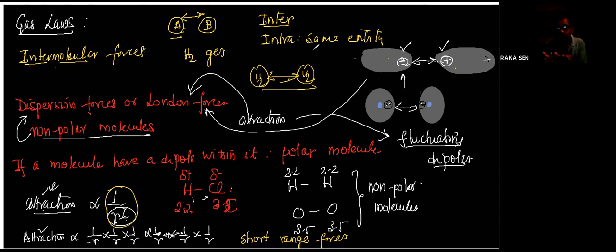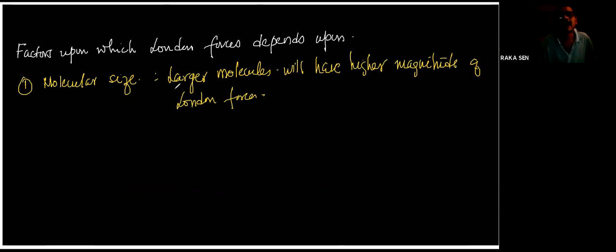Bigger the molecule, lower will be the attraction of the electrons towards the nucleus. Easier will it be for the electrons to fluctuate. So therefore, bigger the molecules, higher will be the London forces. Clear? So larger the molecules, higher will be the London forces.